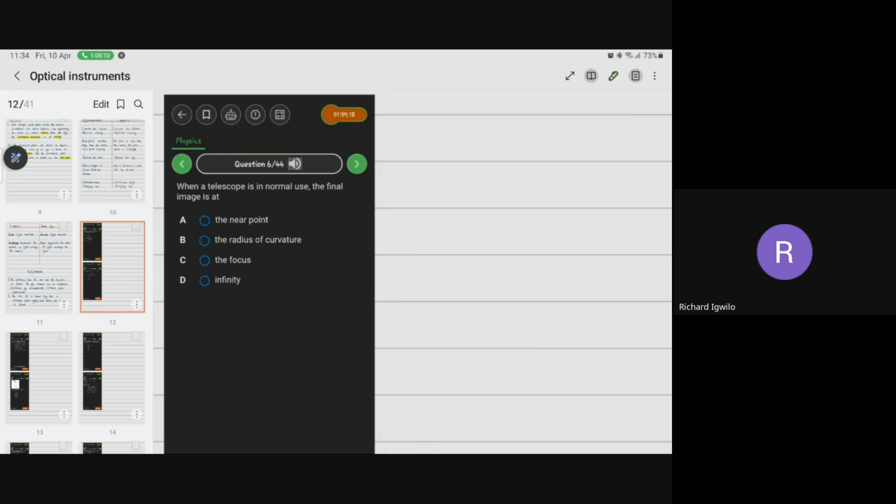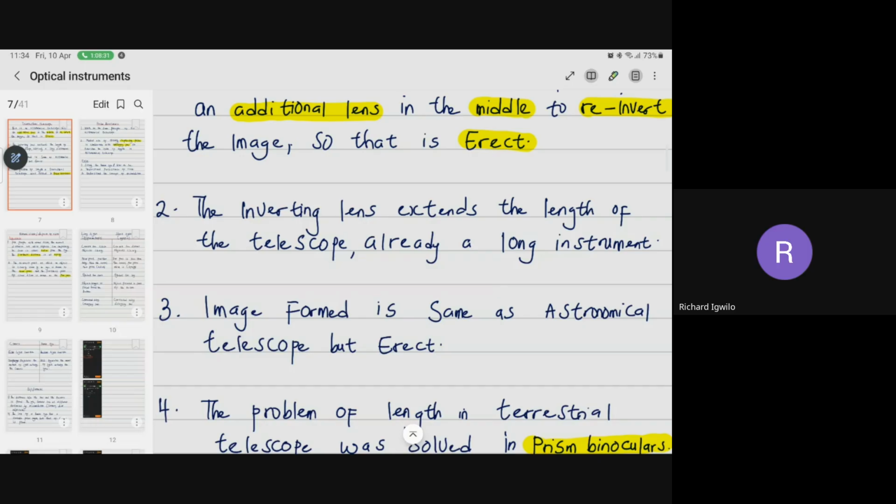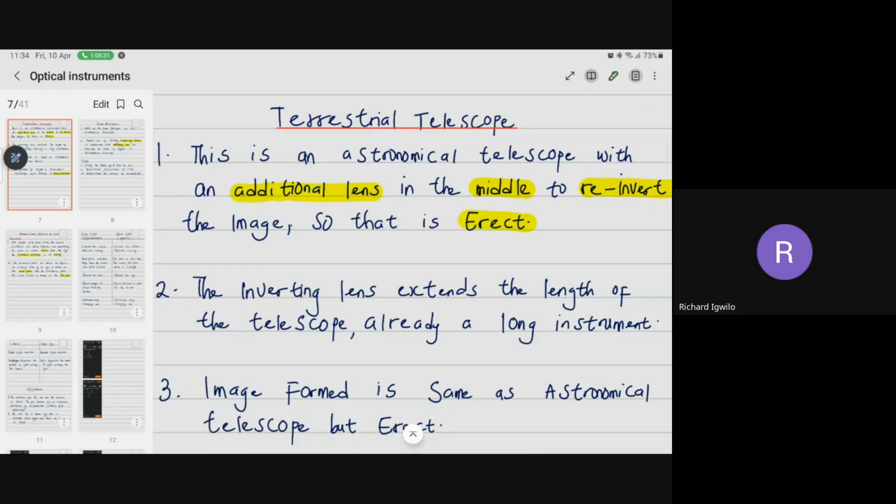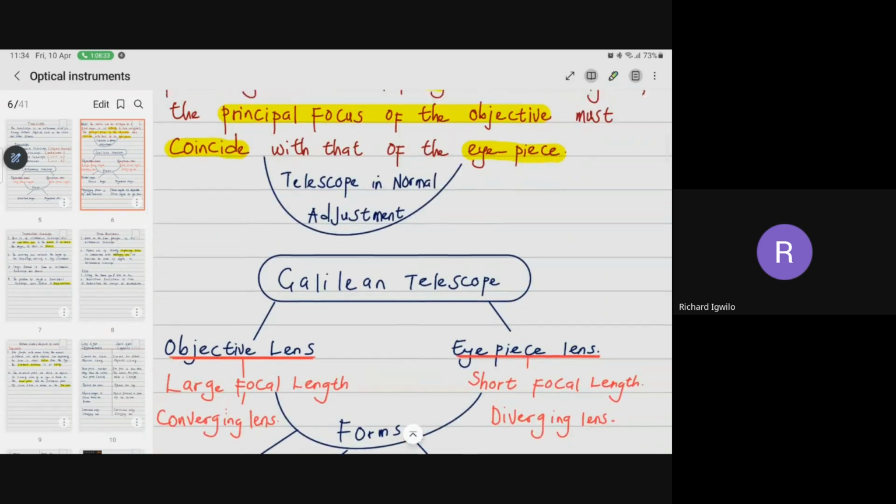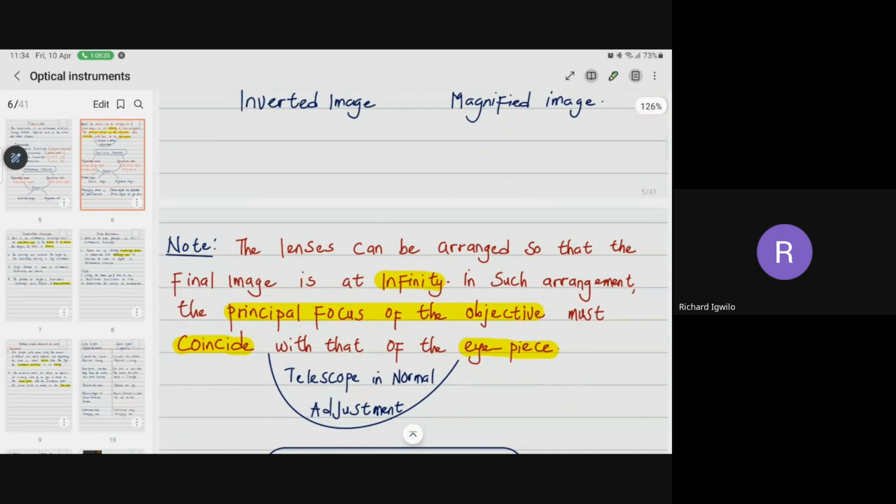When a telescope is in normal use, the final image is at what? Anybody? Normal use, where is the final image? Who can still remember from what I explained? Look at where I highlighted it. The lenses can be arranged so that the final image is at infinity.